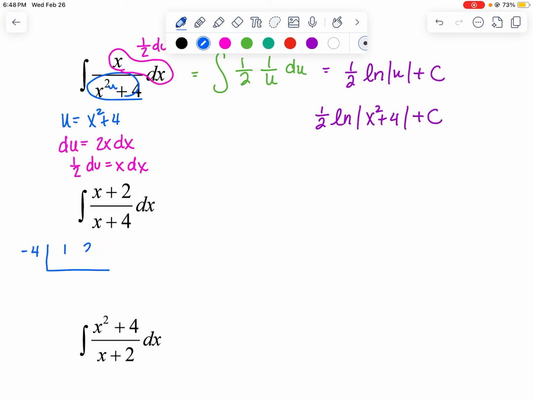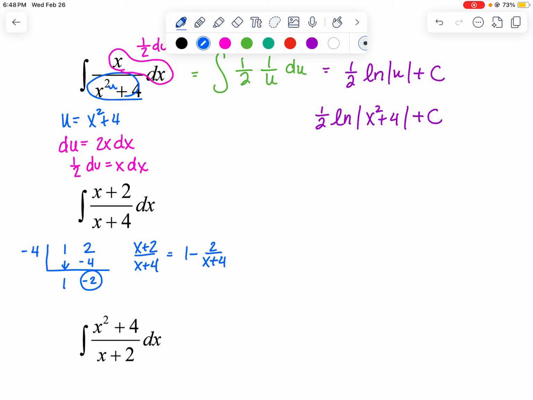And this is just 1 and 2. This is a real quick and easy drop the baby mama. So we drop the 1, and -4 times 1 is -4. Add down, that's -2. So x plus 2 over x plus 4 divided by x plus 4 is 1 minus 2 over x plus 4.